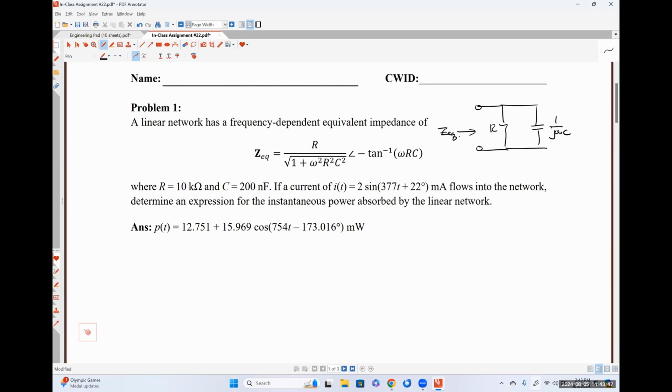So the first thing that I want us to sort out is which equation we should be using for this problem. Anyone have any thoughts?